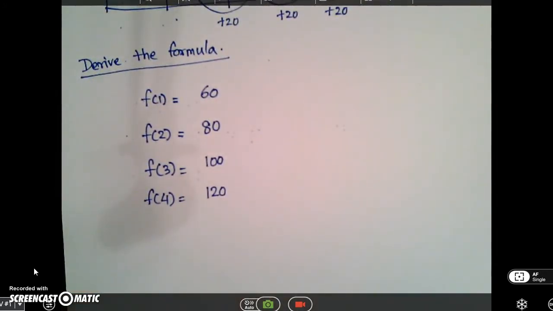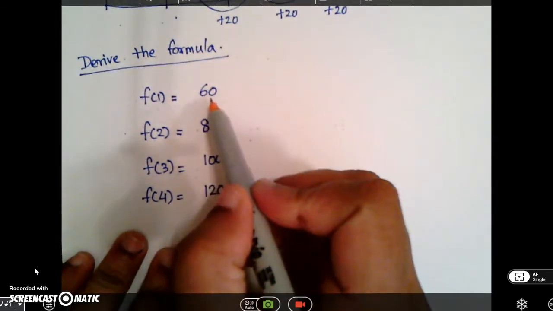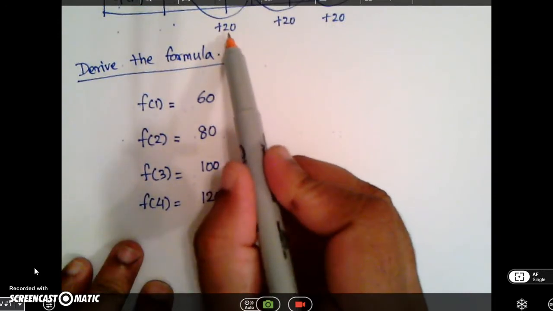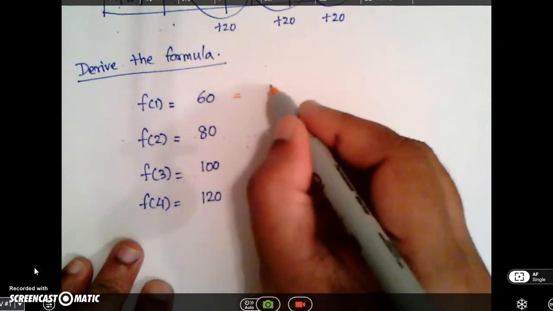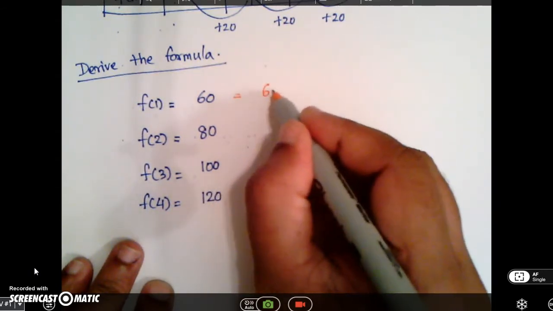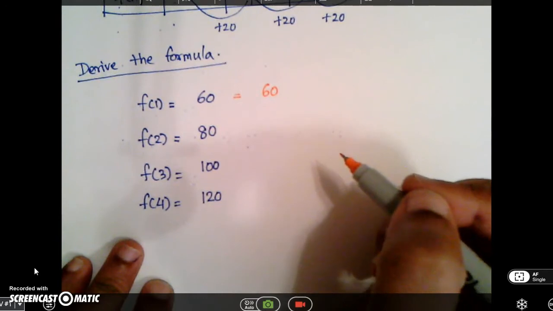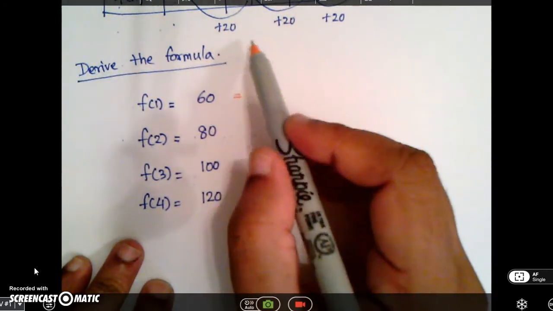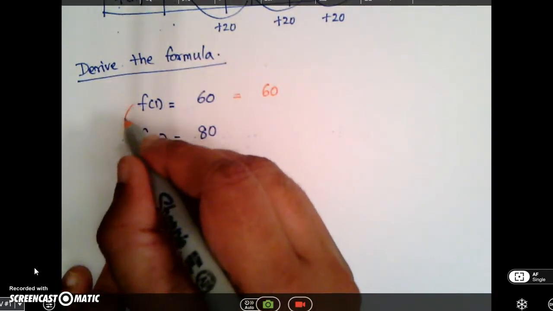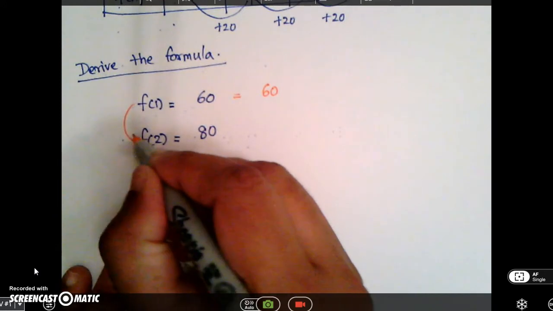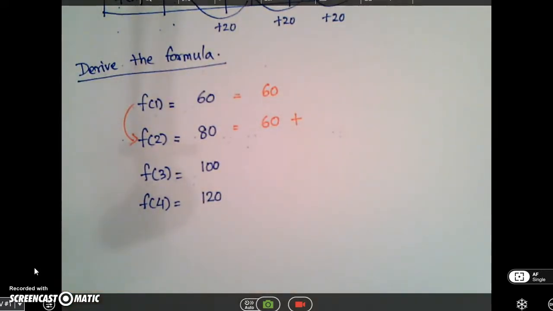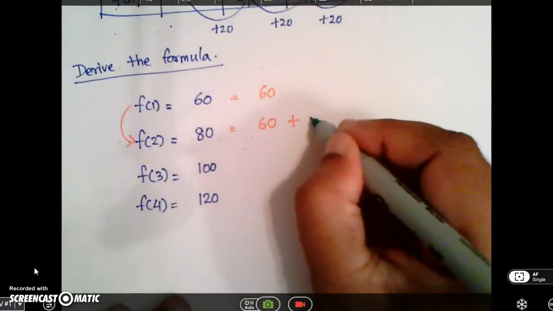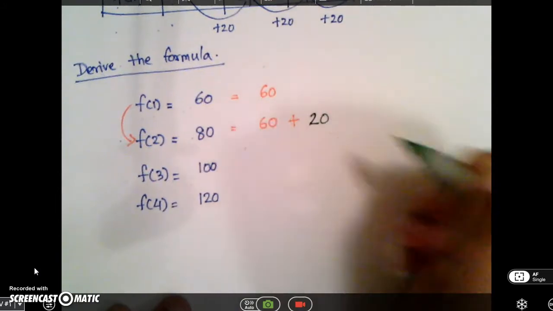Let's closely watch what's happening here with respect to our term values and the common difference. For the 60, that's where I'm starting, so I'm not adding any common difference to it. When I go from my first term to the second term, I have my first term, 60, and I'm adding the common difference to it to get my 80.